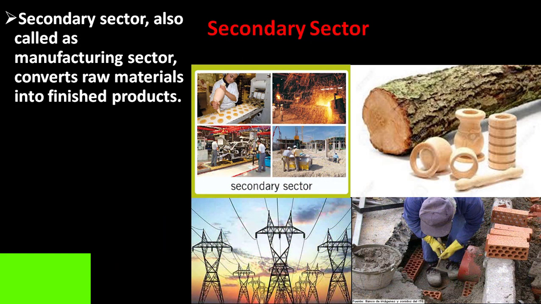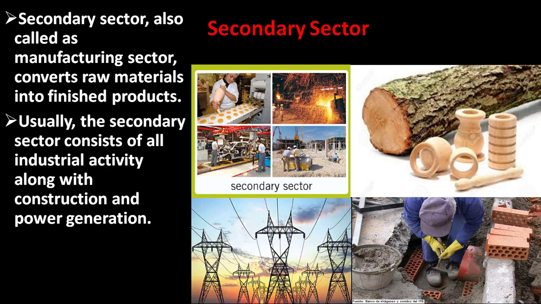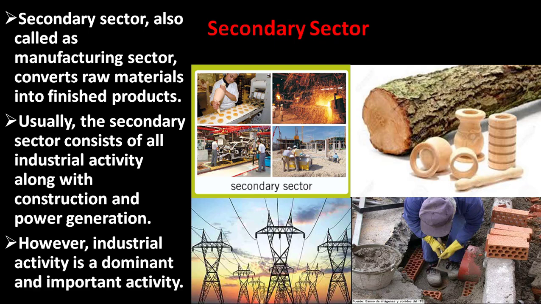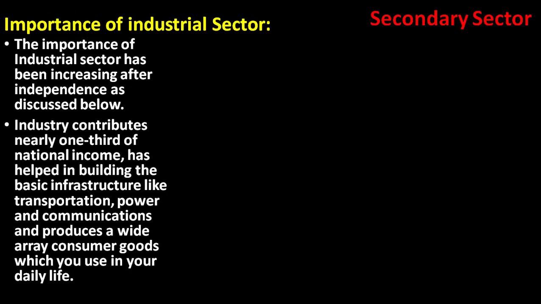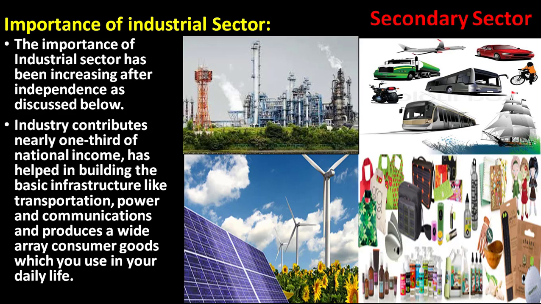Whereas the second one is the secondary sector. The secondary sector, also called the manufacturing sector, converts raw materials into finished goods. Usually, the secondary sector consists of all industrial activity along with construction and power generation. However, industrial activity is the dominant and important activity. The importance of the industrial sector has been increasing after independence.